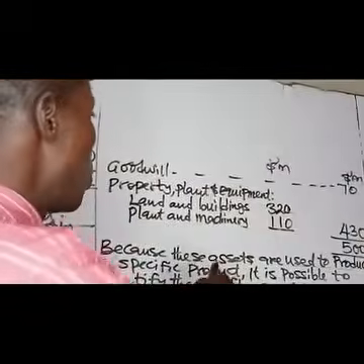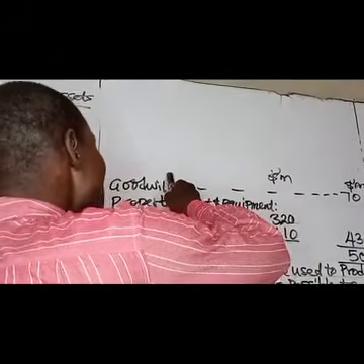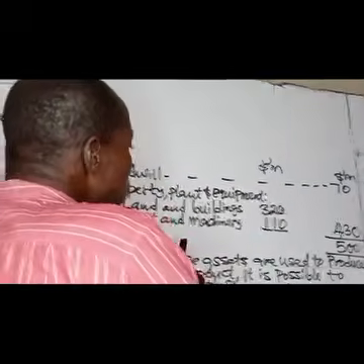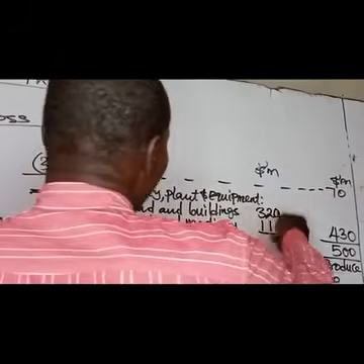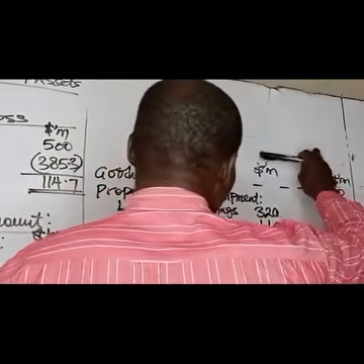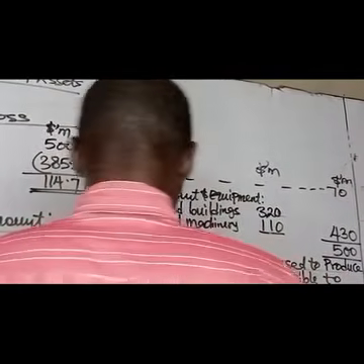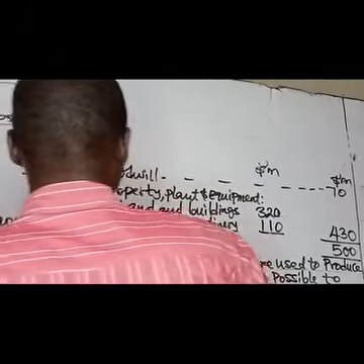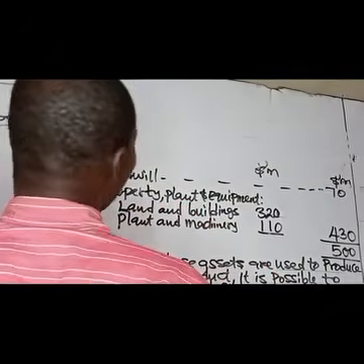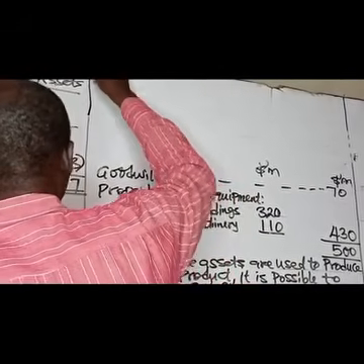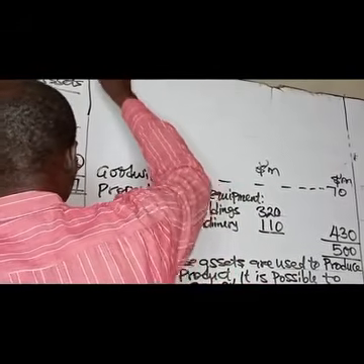Now, if you look at the question, you are given a group of assets. The impairment loss calculated cannot be identified to a single asset. You want to identify it to the group of assets. So since it is attributable to the group of assets, that group of assets can be called a cash generating unit.